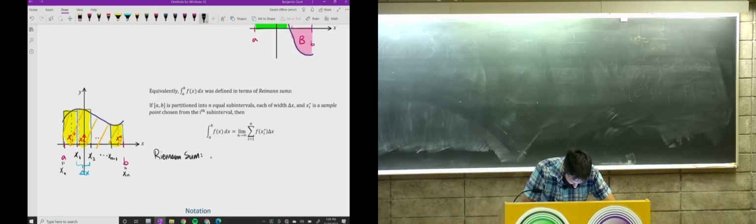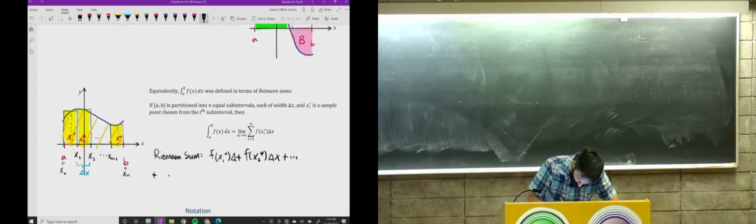It would be, let's see, the area of the first rectangle, which was f of x1 star delta x, plus the area of the second rectangle, which is f of x2 star delta x, plus all the way up to the nth rectangle, which is f of x n star delta x.